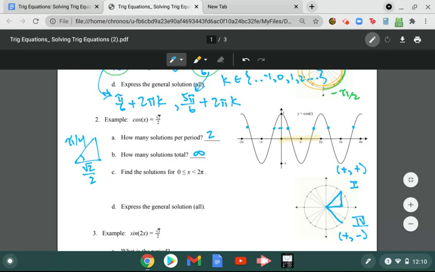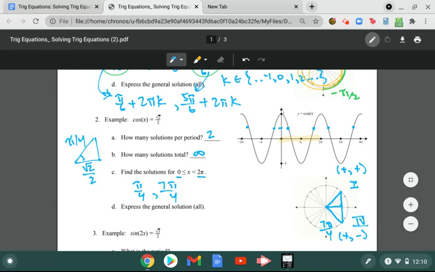So the other one that I want to pick up on, and I do want it between 0 and 2 pi, almost to 2 pi, that's going to be 7 pi/4. So my solutions in that first positive period are pi/4, comma, 7 pi/4. These are my base solutions.